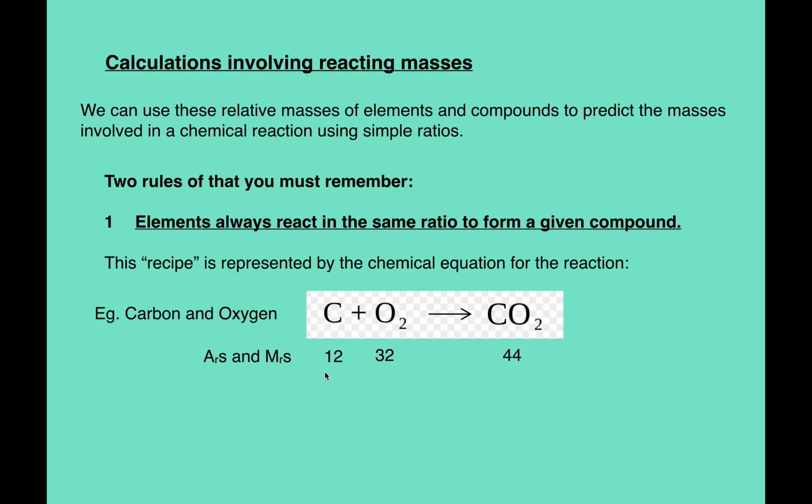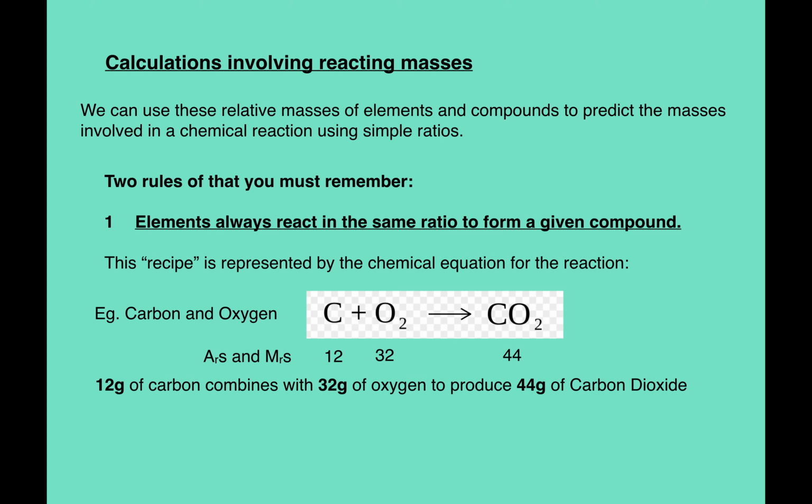So we can look at this as if they were grams. 12 grams of carbon, 32 grams of oxygen, and they would make 44 grams of carbon dioxide. Now you may have noticed that 12 plus 32 is 44, which is great because that's the law of conservation of mass, isn't it? 12 grams of carbon combines with 32 grams of oxygen to produce 44 grams of carbon dioxide.